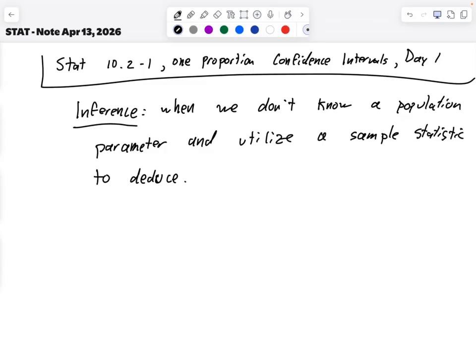Use a sample to deduce. Deduce, conclude.